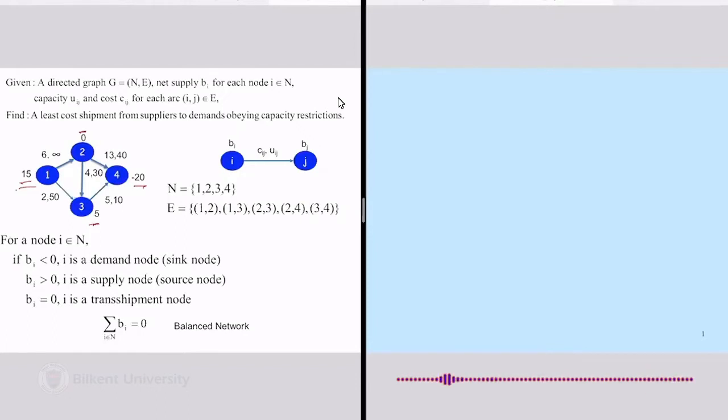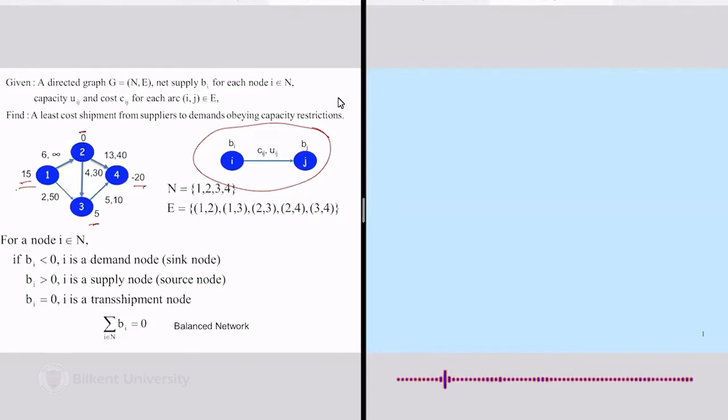The representation of the notation is given like this. Over each node, we represent the supply or demand of the node with the b value. And over each arc, we write the cost of using that arc and the capacity of that arc. Because there may be truck capacities assigned there, or if it is telecom networks, there may be bandwidths that we could use.